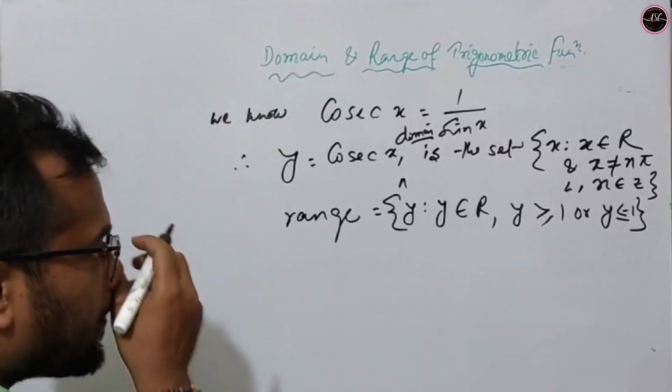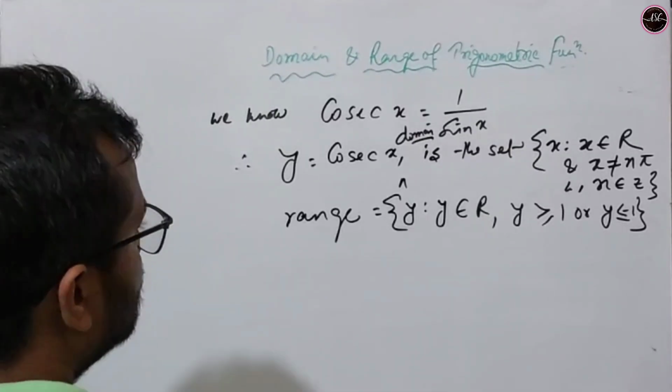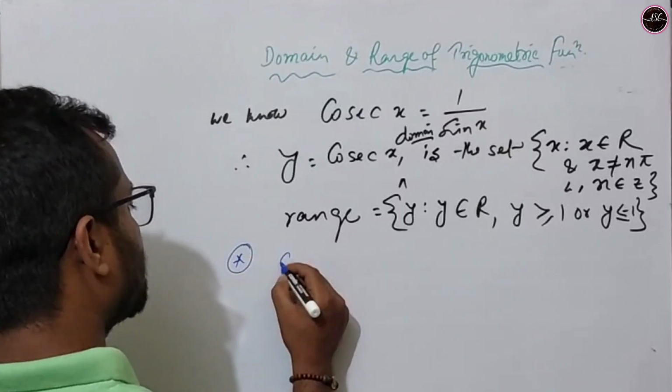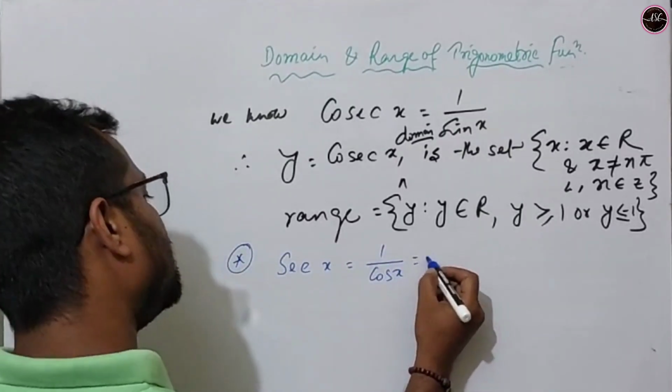Now for sec x, what do we know? Sec x is equal to 1 by cos x. That means this is y.